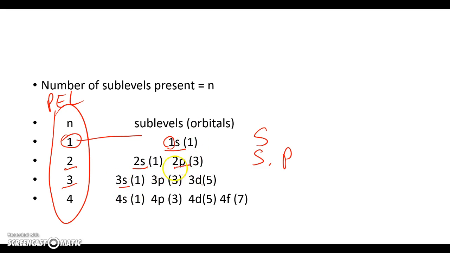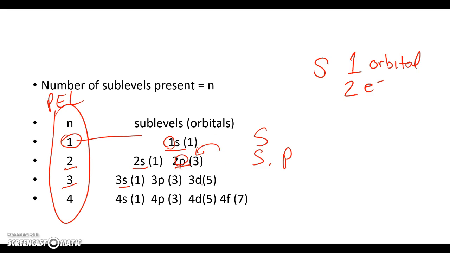The numbers after these sublevels tell you how many orbitals there are. In an s sublevel, there's 1 orbital, which can hold 2 electrons of opposite spin. A p sublevel has 3 orbitals.